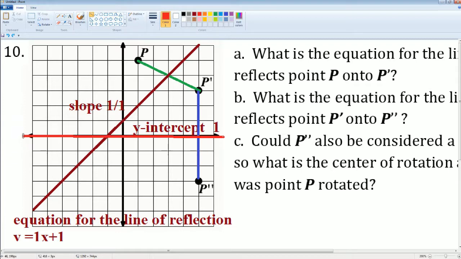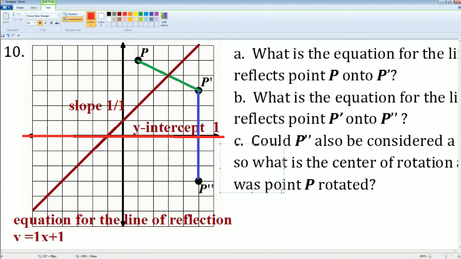And it looks like the equation here is y equals 0, because that is where y equals 0. There's no slope. The slope is really 0x plus 0, but what's 0x? So it's just y equals 0.